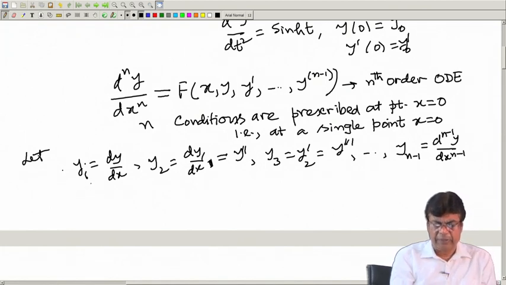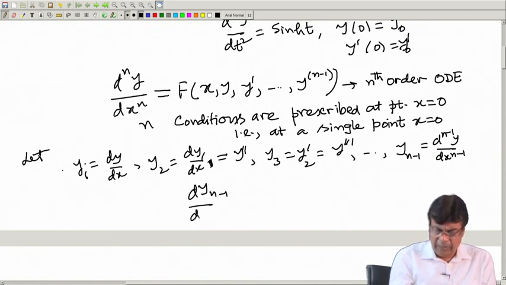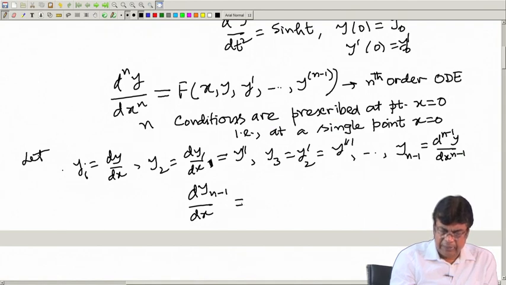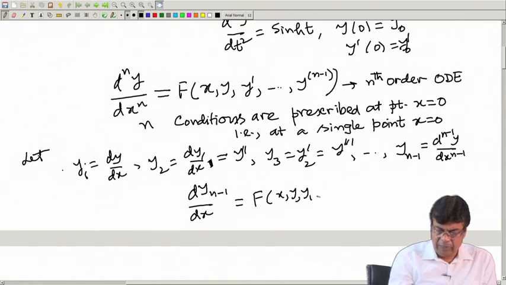So, these are the variables we introduced: n minus 1 number of variables, y1, y2, y3, up to y(n minus 1), and our y. If I now substitute there, d^n y / dx^n becomes d y(n minus 1)/dx, equal to f of x, y, y1, y2, up to y(n minus 1).